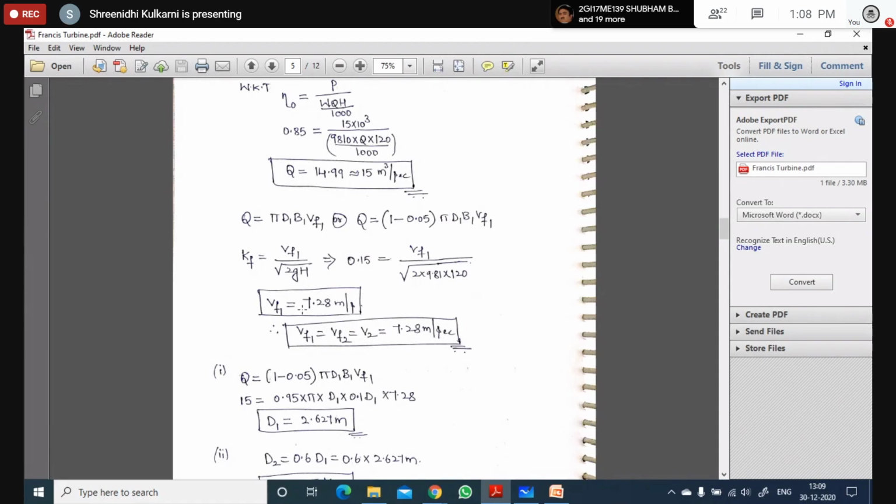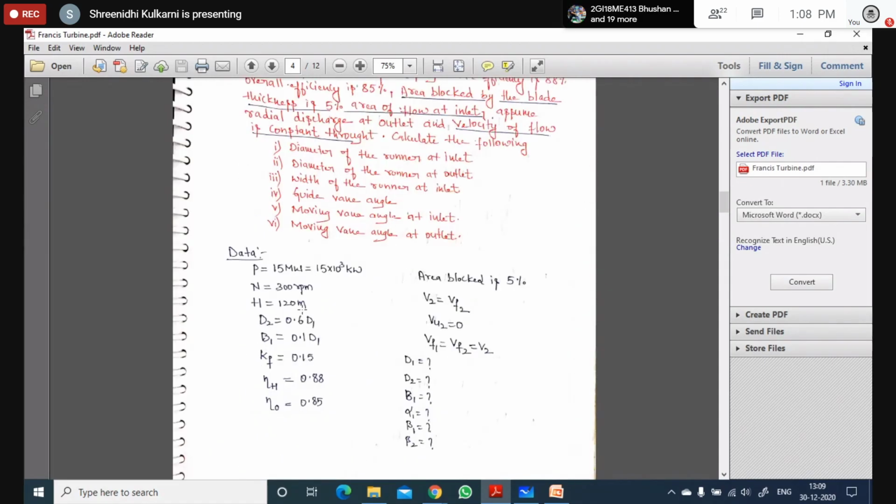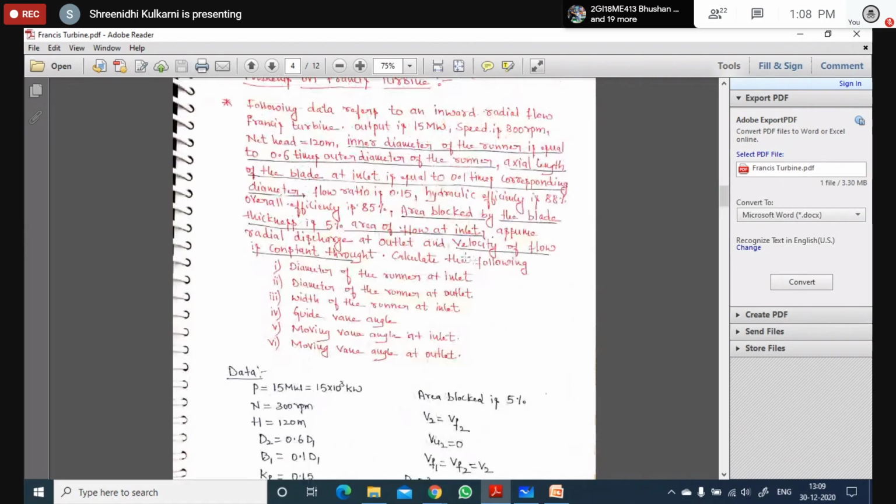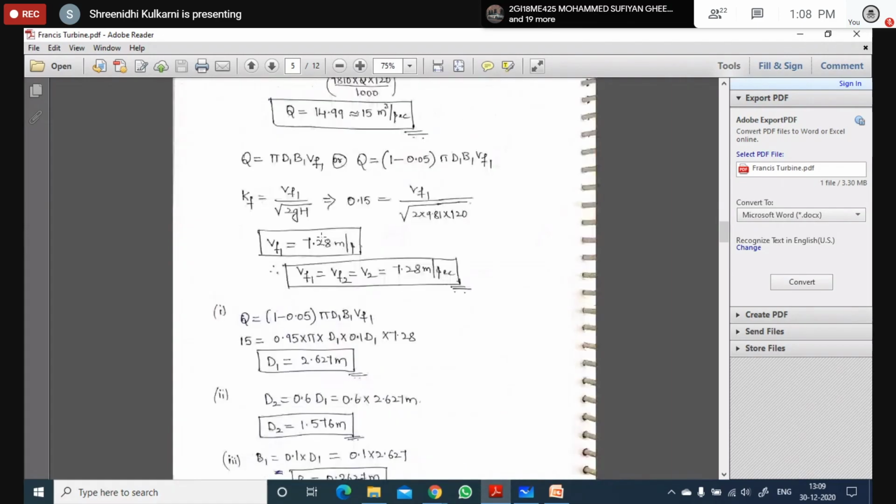By calculating, you will get the flow velocity at inlet. So vf1 is 7.28 meter per second. And in the problem condition, it says the velocity of flow is constant throughout the turbine.